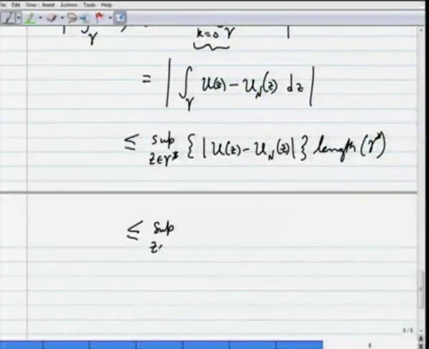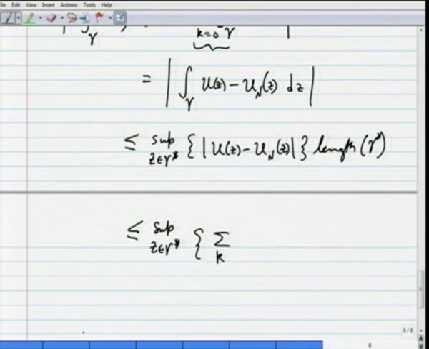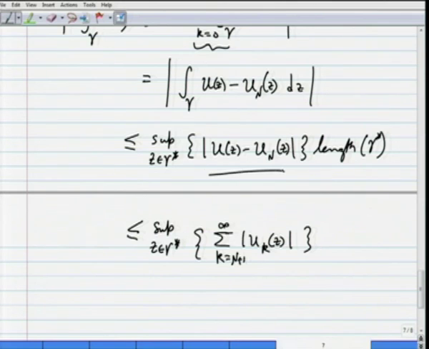So, this is less than or equal to the supremum over z belongs to gamma star of the modulus of the tail, which in turn, by an infinite version of the triangle inequality, is less than or equal to the sum from k equals n plus 1 through infinity of the absolute value of u k of z. I am using an infinite version of the triangle inequality here.